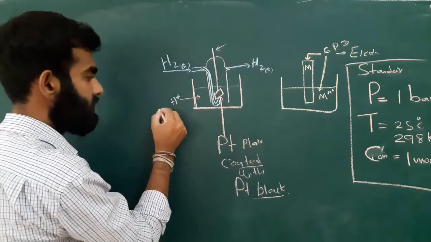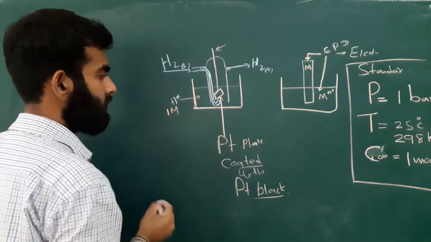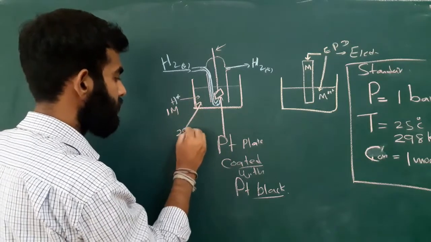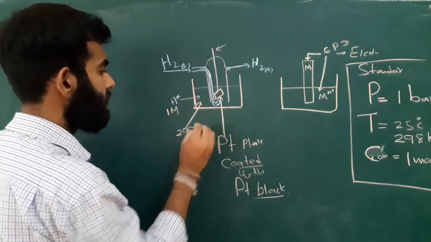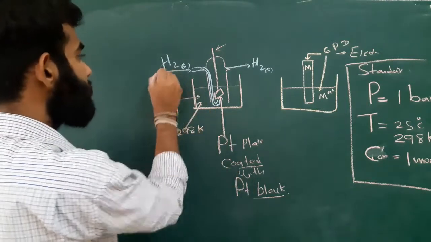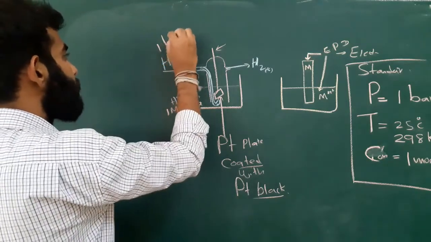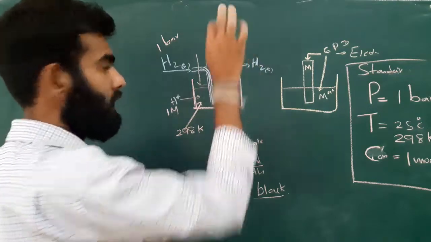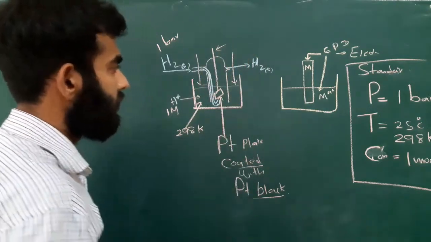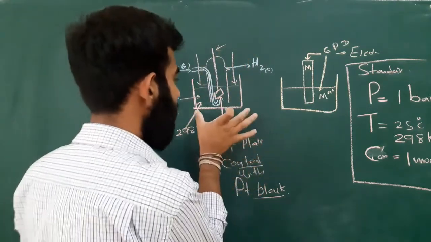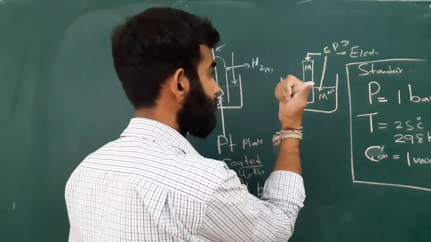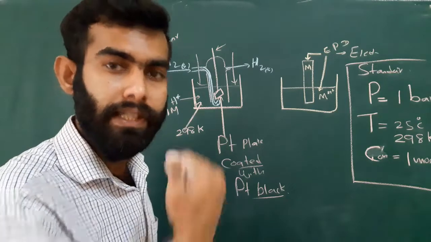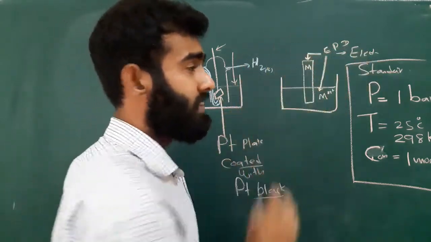H plus concentration should be 1 M, the temperature of the system should be 298 Kelvin, and the pressure of this hydrogen supply should be 1 bar. Or atmospheric pressure should also be 1 bar.